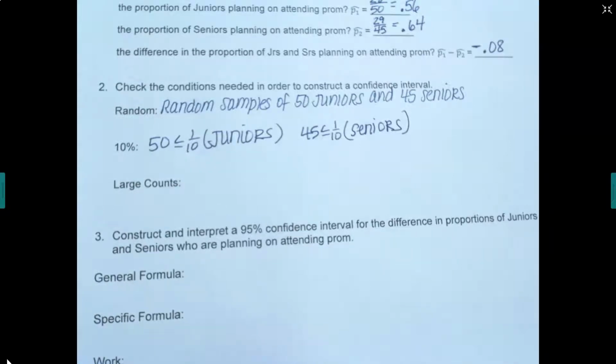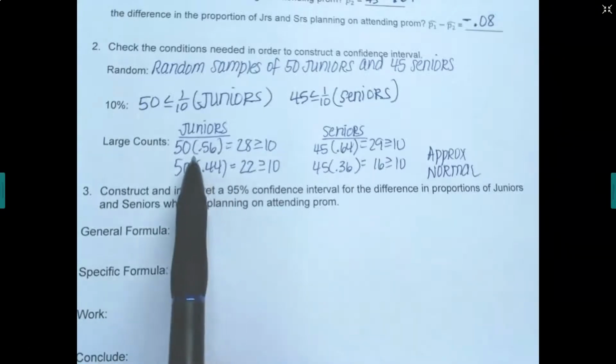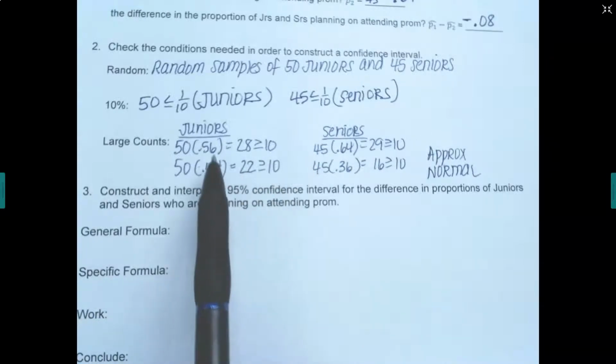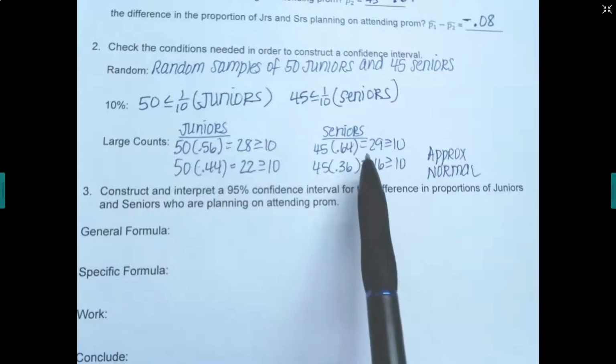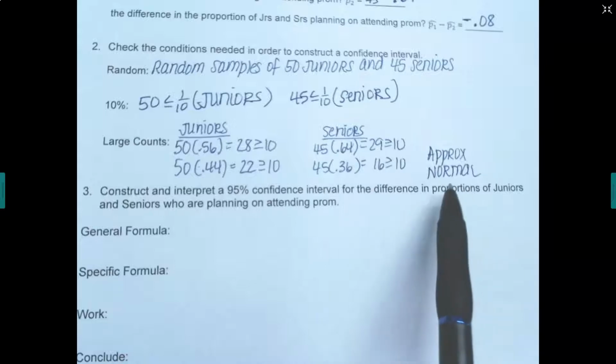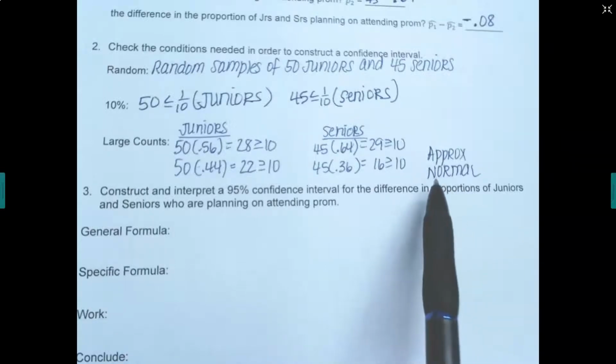And now our large counts. When I look at my juniors, both groups, going and not going, are greater than or equal to 10. And my seniors, going and not going, are also both greater than or equal to 10. So our sampling distribution would be approximately normal.